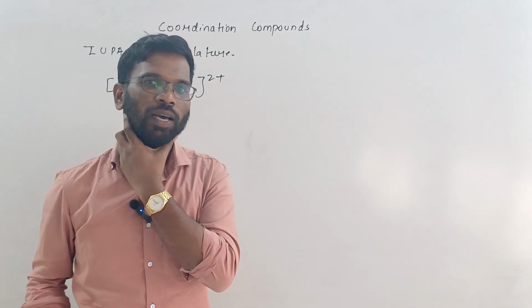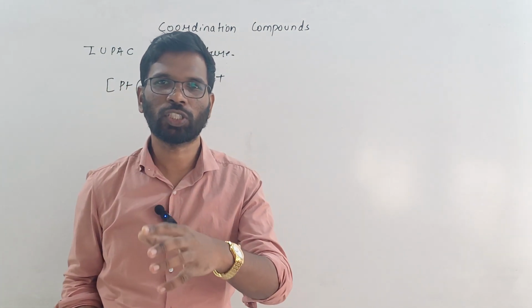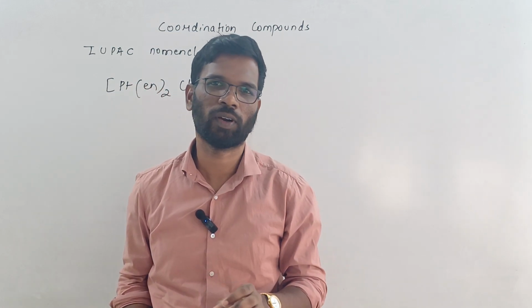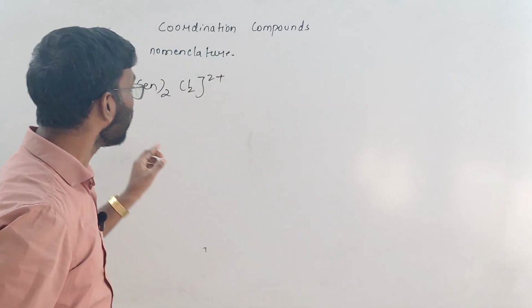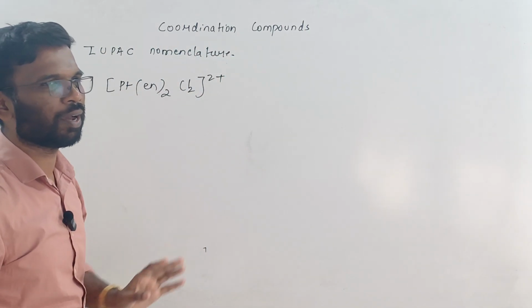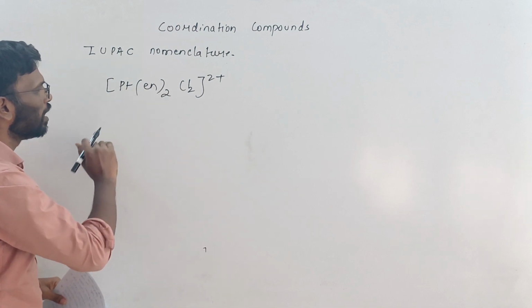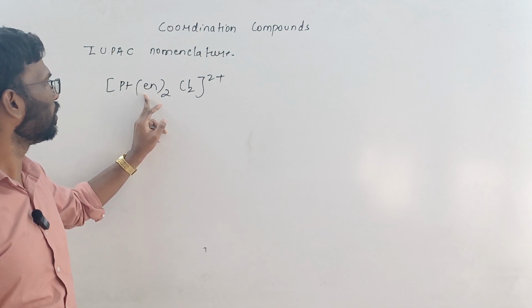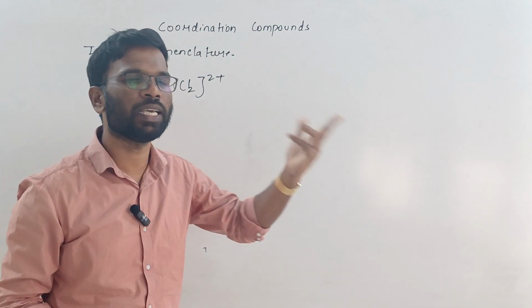Whenever you have ligands like this, in which there is already a word like diethane, the di word is there, so we will not write this name as diethane-1,2-diamine. The coordination sphere is there, so we start writing ligands first. This is ethane-1,2-diamine, this is chlorido. C comes first, right?